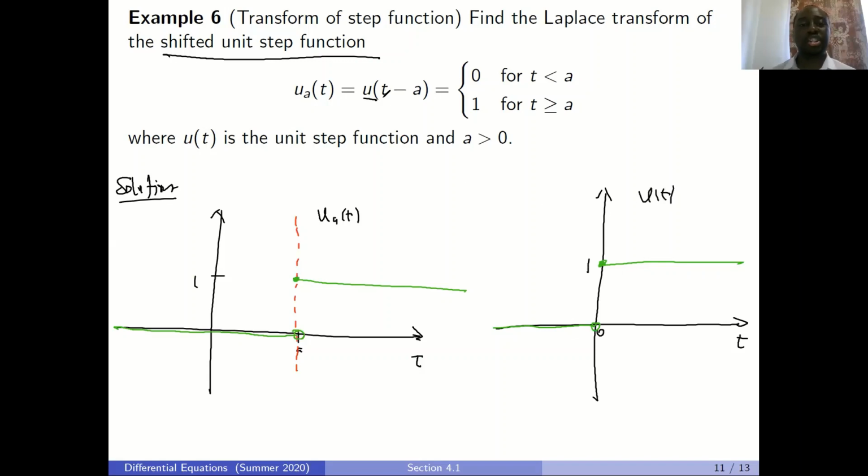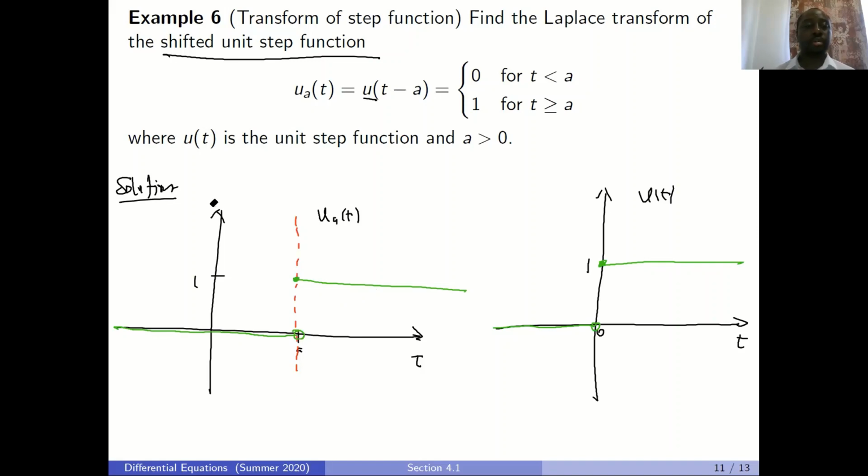So notice that we've only shifted u of t to the right by a to get the shifted unit step function. Okay, so these are the graphs, and this function is clearly piecewise continuous because it has a jump discontinuity. It's just a single jump discontinuity, and it's bounded for all time. So it's definitely bounded by some exponential function of positive growth. All right. So we can calculate this Laplace transform.